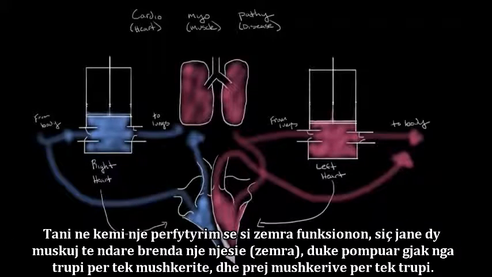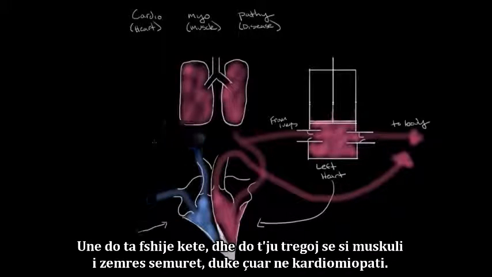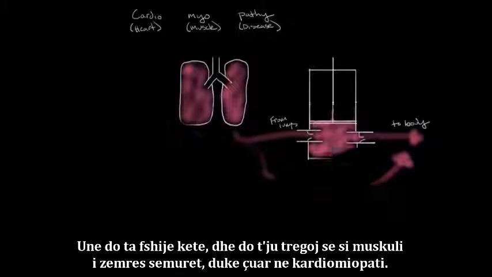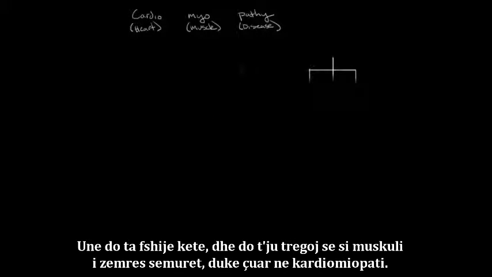So now that we have an idea of how the heart works as 2 separate muscles within one unit, pumping blood from the body to the lungs and from the lungs back to the body, I'm going to erase my work here and show you how the heart muscle itself can become diseased and result in a cardiomyopathy.